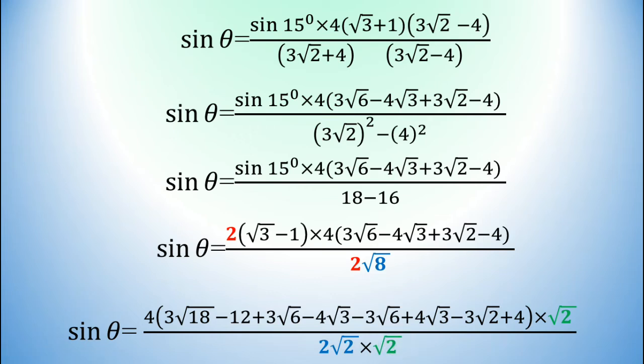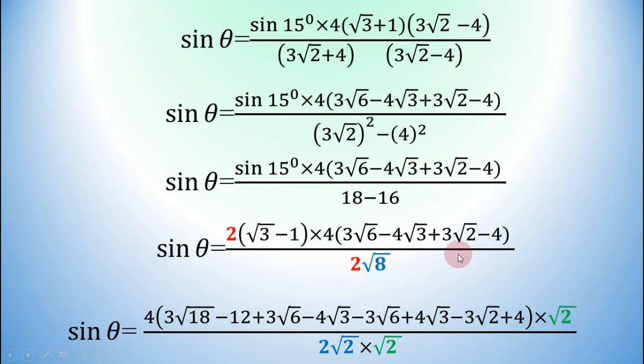Now you can simplify the numerator. Root 3 multiplied by root 6 is root 18, that is 3 root 2. Root 3 multiplied by 4 root 3, then 4 into 3 is 12.